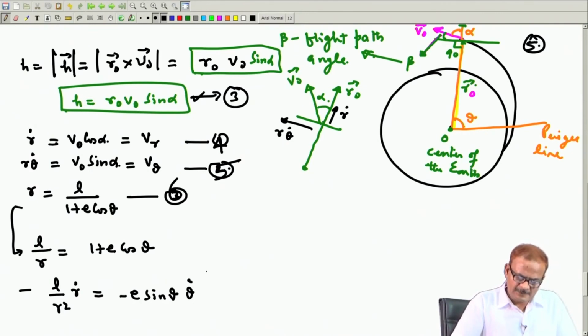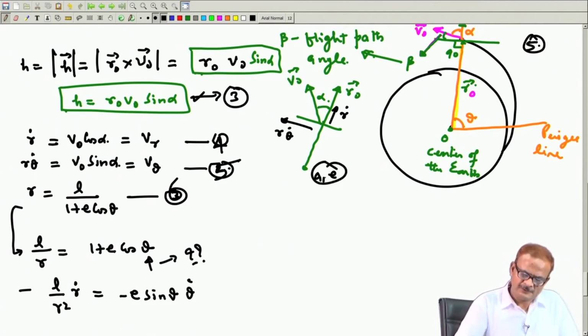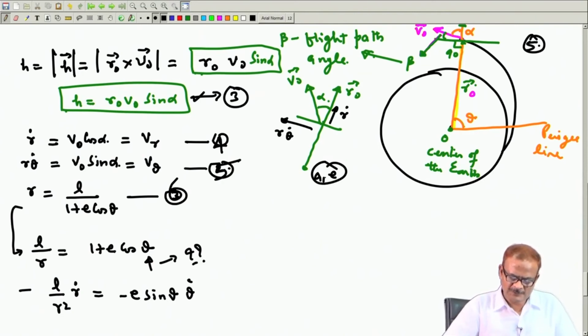Okay. What we are trying to do here, see, we need to determine this theta. This is one of the objectives. So, I have to determine this. A and E we have already worked out, and small omega, capital omega, all those things we need to work out.